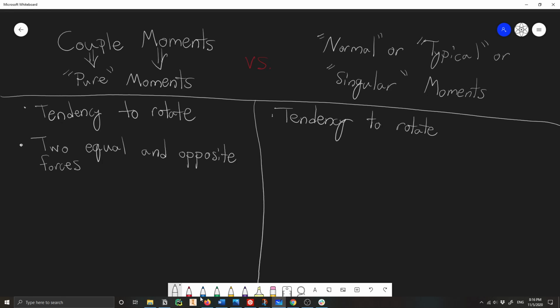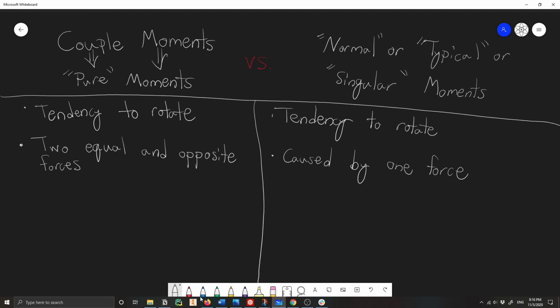Whereas these singular moments, the reason why I called them a singular moment is because they are caused by one force. And when I mean one force, you can have multiple forces that all add together to create one force.